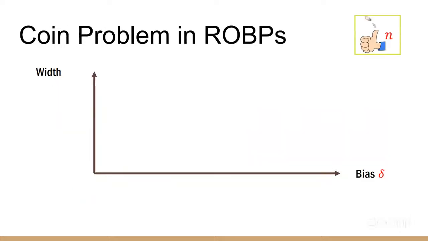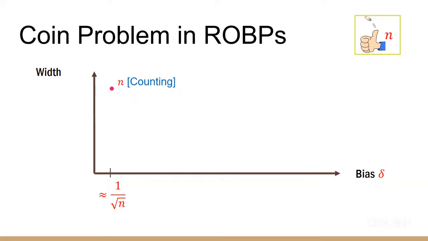So what is known about the coin problem in ROBPs, read once branching programs? If delta is 1 by square root n, then with n coin tosses I can statistically distinguish. For the previous read once branching program that I gave you, if delta is less than 1 by square root n, then it's just impossible to solve it with probability 0.9.